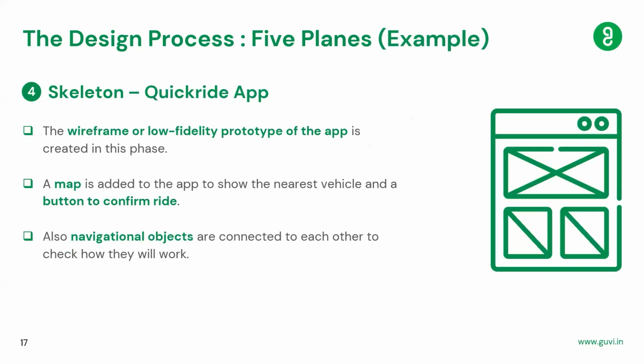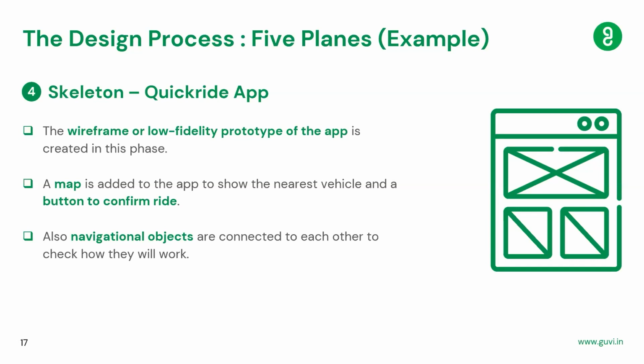For example, I'll just take the quick ride app again. So the wireframe is a low fidelity prototype of the app. As I said, it is very low fidelity as it has no functionality. It just shows what the page or the app looks like. In the example, the map is added to show the nearest vehicle and a button to confirm the ride.